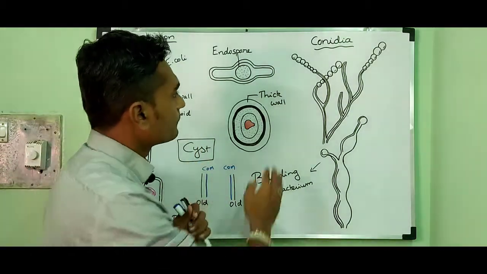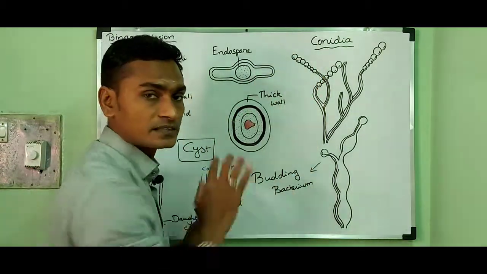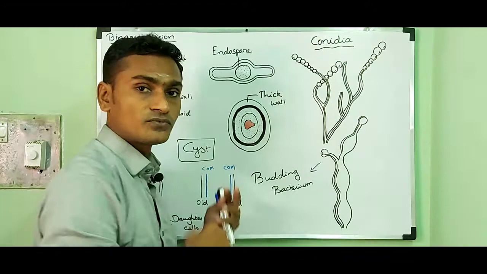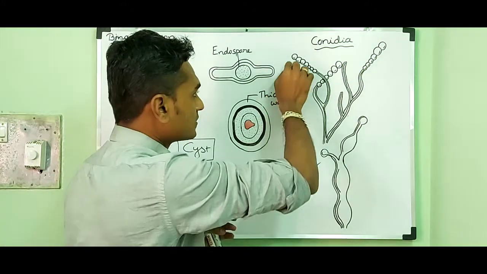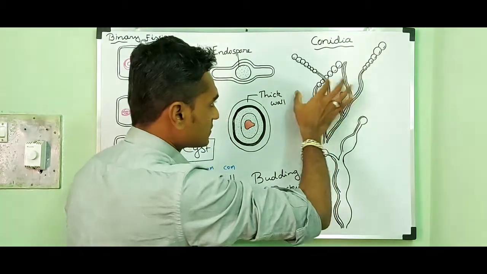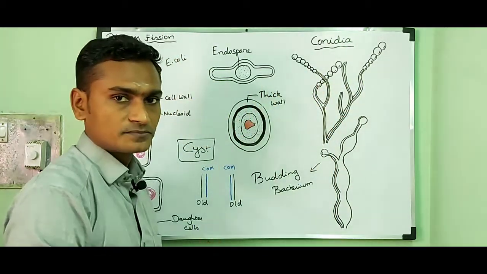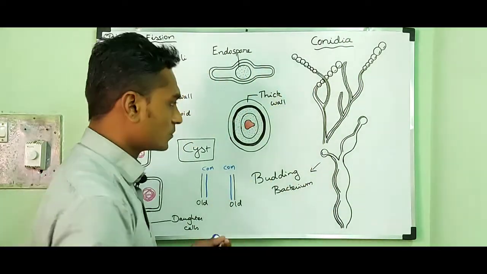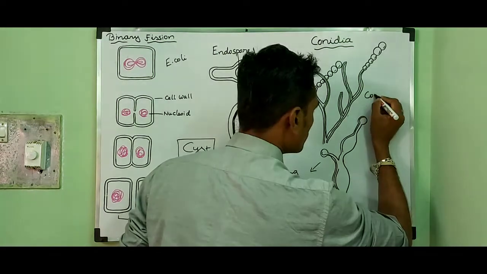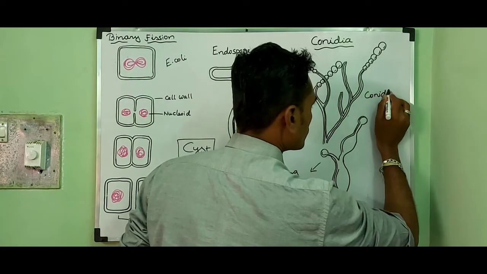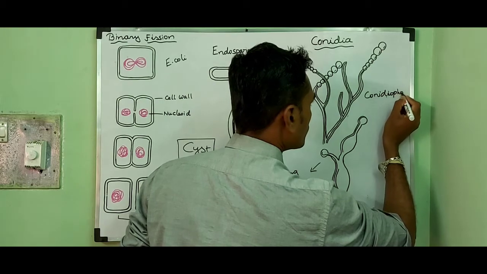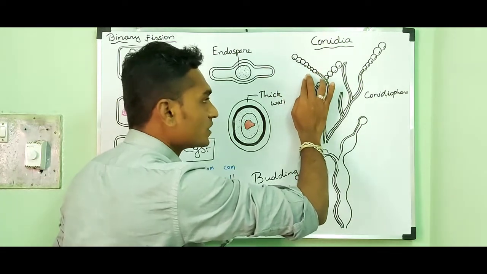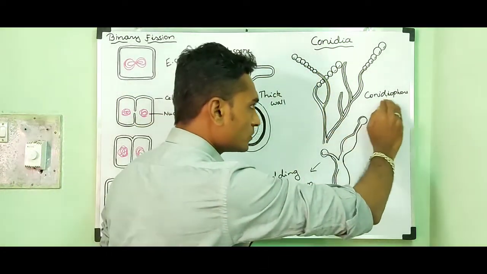Then you can find the gonidia, which are formed at the apex of the filament. So these are all gonidia, which are formed at the apex, that is the tip of the filament. The filament which bears the gonidia is called gonidiospore.